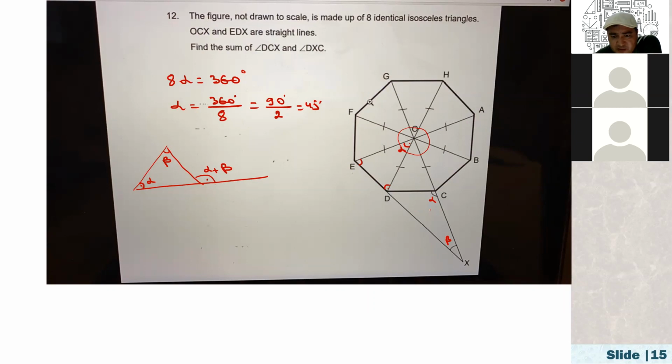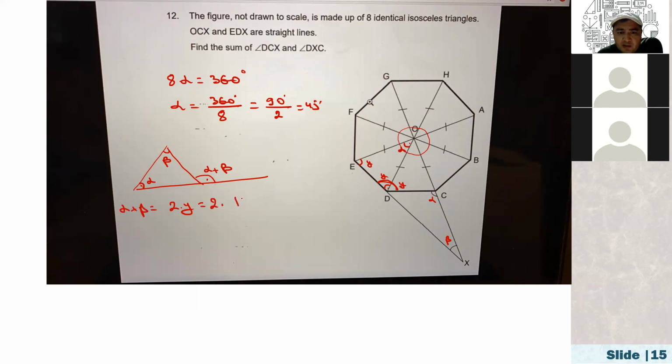As I say here, from this triangle DCX, alpha plus beta is equal to this angle. Right? So what is this? This is y, and also this is y. From here, 2 times y is alpha plus beta.